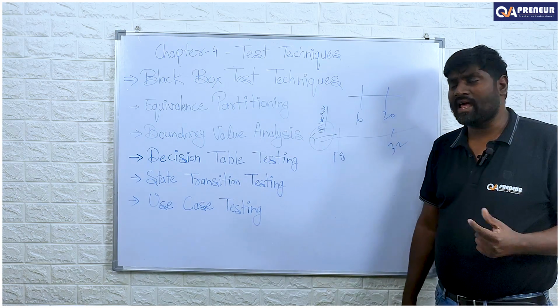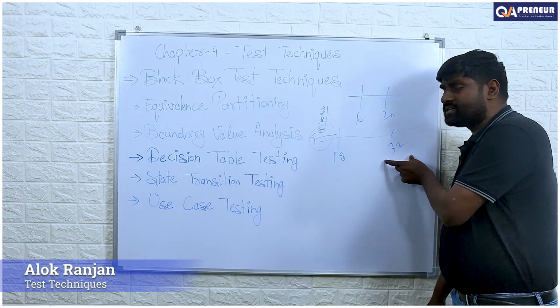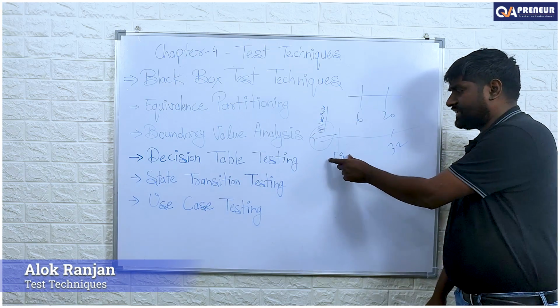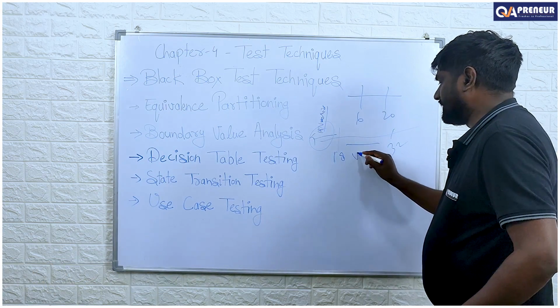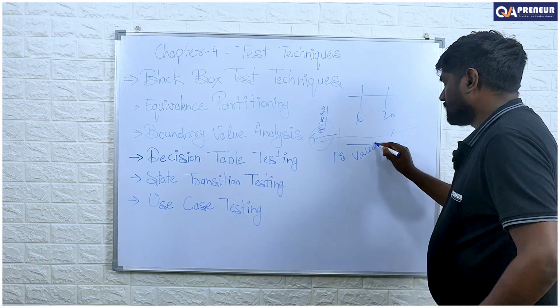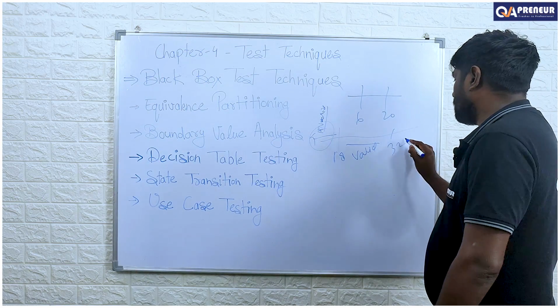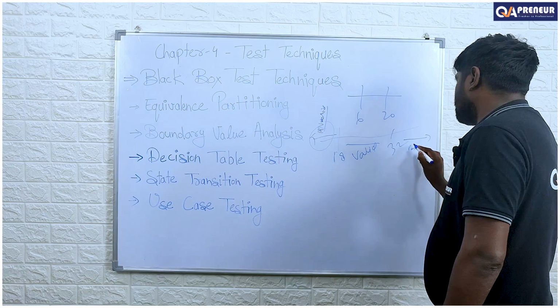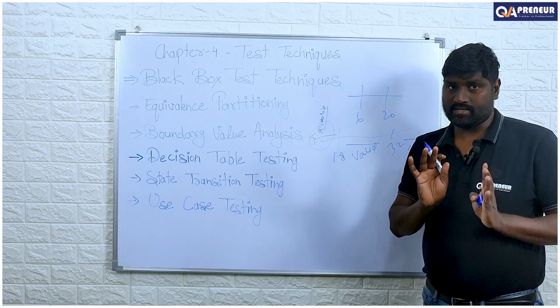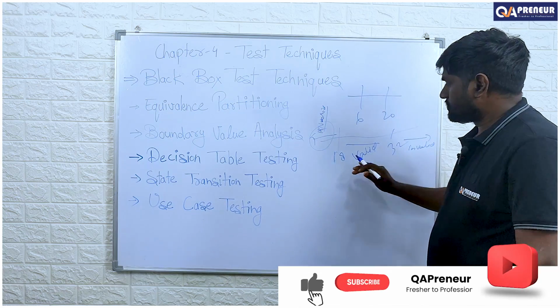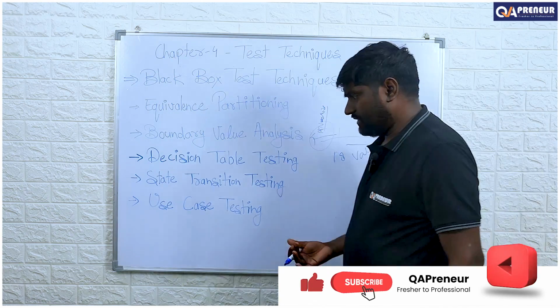If any person has an age of 18 to 32, we can say valid data. Or any person above 32, we are again saying invalid. This is a very simple criteria.